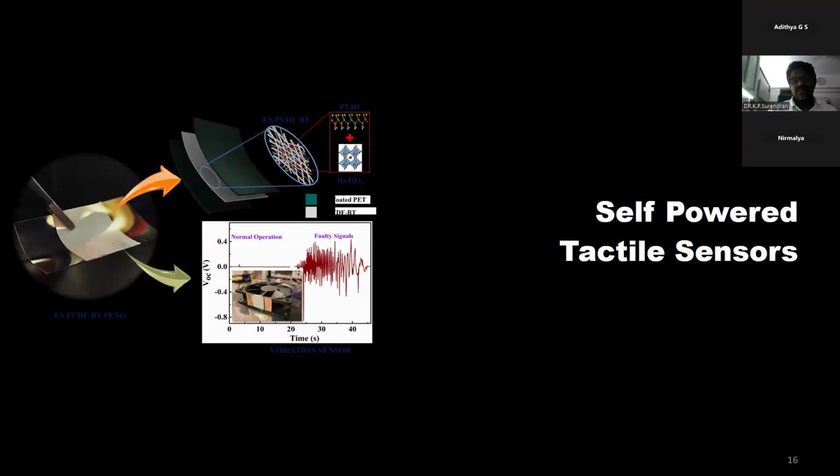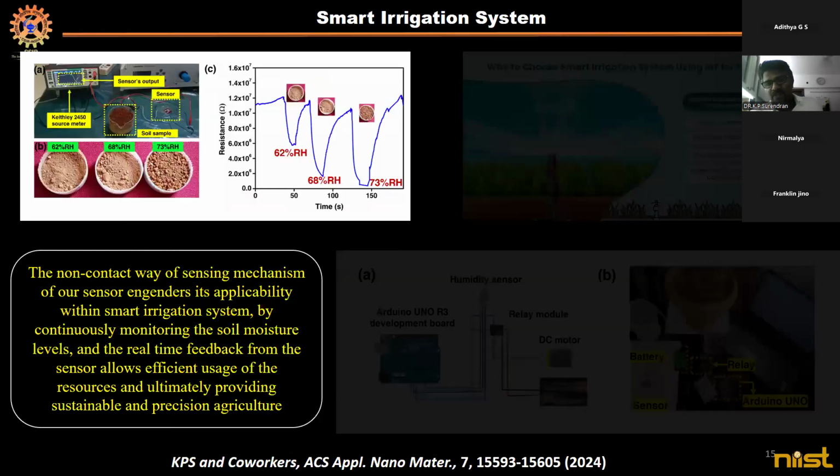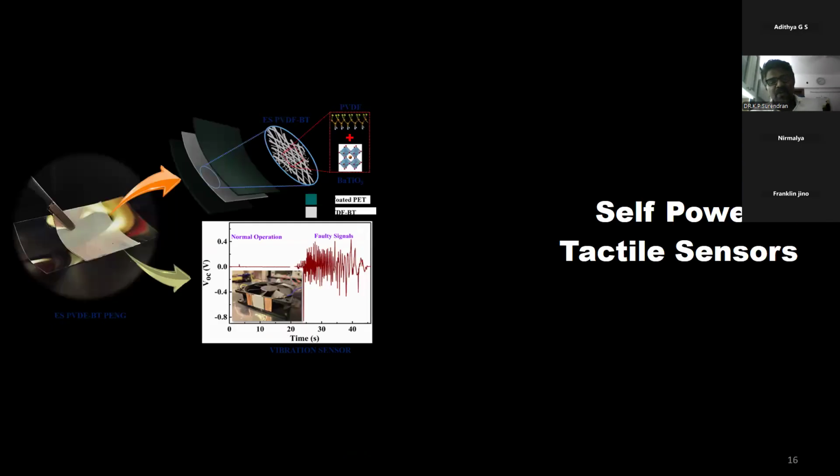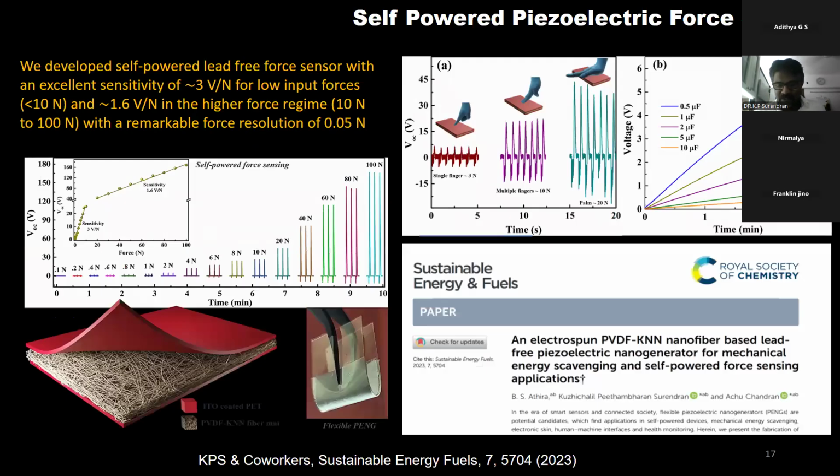Another sensor is called a self-powered tactile sensor. A tactile sensor is basically a force sensor, but we have a tradition and legacy of working on piezoelectric materials. You know what a piezoelectric material is? It is a material used when you want to generate electricity out of force.